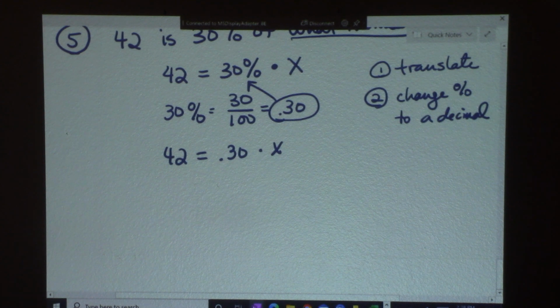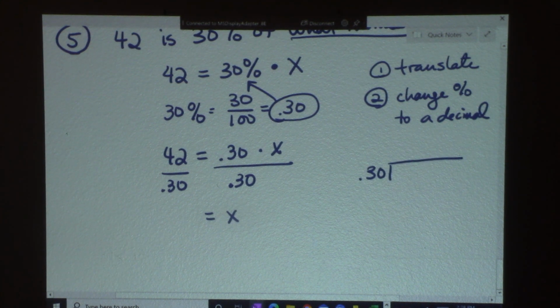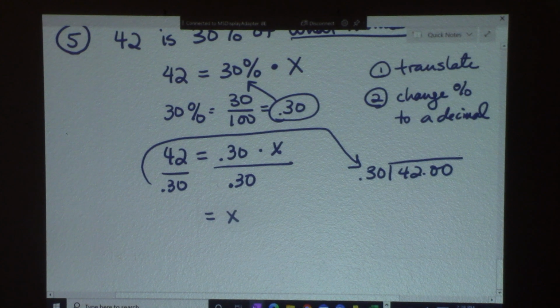And now, how do I get X by itself? I divide by 0.30. Okay, now we did this in our decimal chapter. So 0.3 is going to go on the outside, and it looks like that. So I put my denominator over here on the outside of the division house, and 42 goes inside.